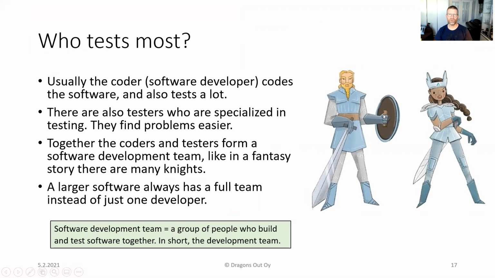So in comparison to the story, there can be many knights together defending a castle, protecting it, trying to find dragons, trying to get rid of dragons. The larger the software, the more likely it is that you have a big team of developers and testers working together, whereas a small software could have just one developer.